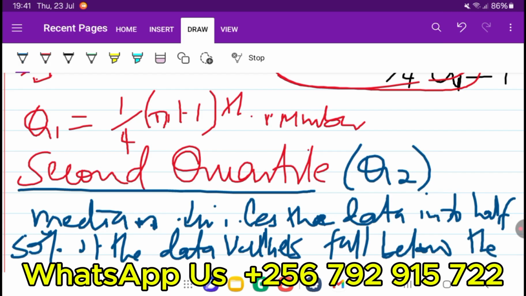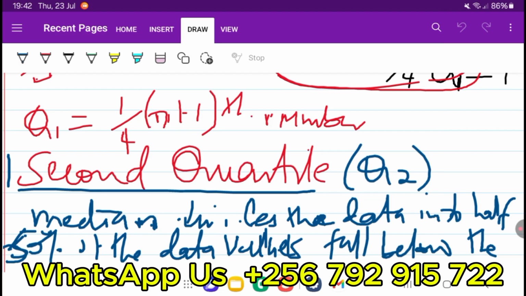That is the implication. That's why we get what we call less than cumulative frequency if we are dealing with a grouped data set, because we're trying to look at the data that are less.